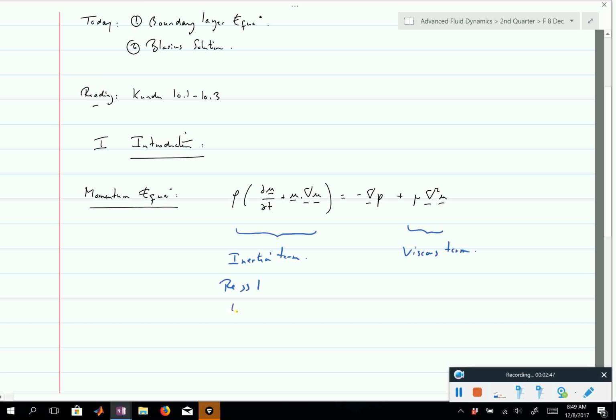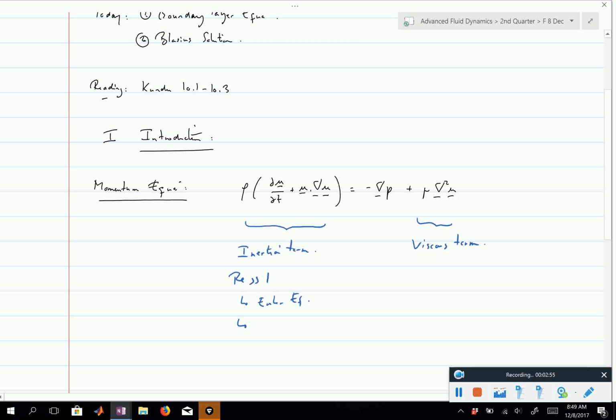That leads to Euler's equation. And one particular simplified form of Euler's equation which we have discussed and used is the Bernoulli equation. Right? When the inertial term is the dominant term, so the most important term, then this is also where we discussed inviscid flows, ideal flows.